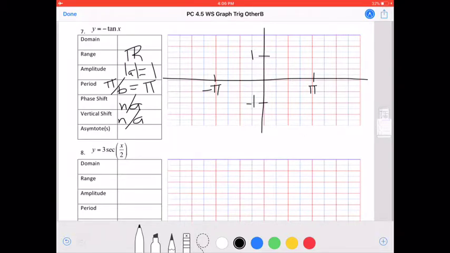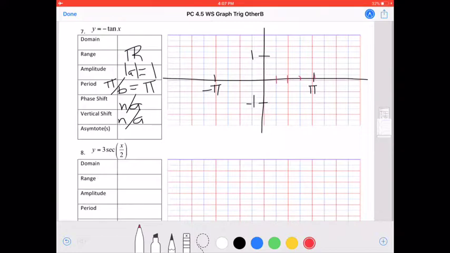For every trig function, we want to split our periods up into quarters, because that's where we have our dots or asymptotes. Here we have tangent, which if we look at our notes, we notice that the S-curve is actually centered on the y-axis. So that means we have half a period to the left and half a period to the right.